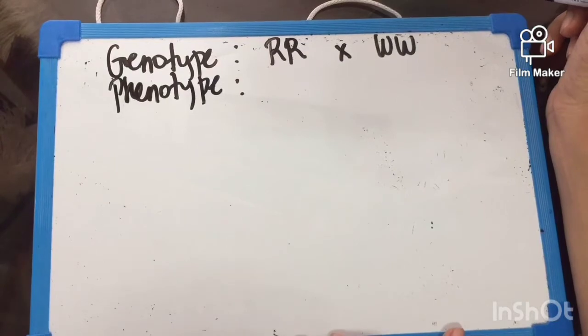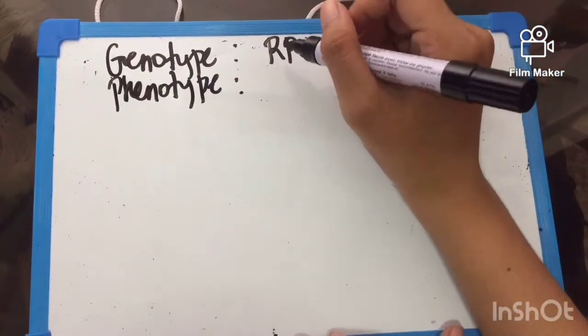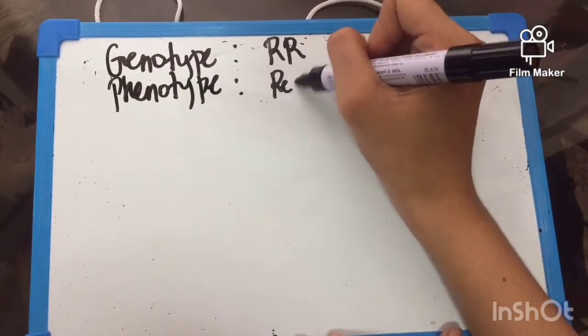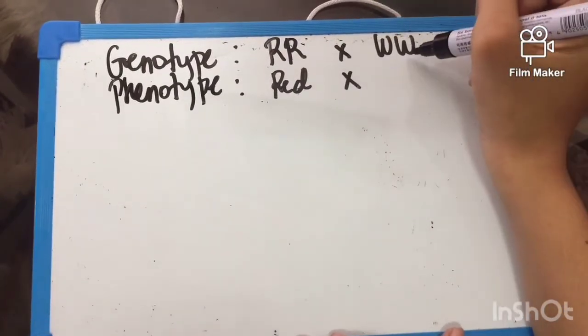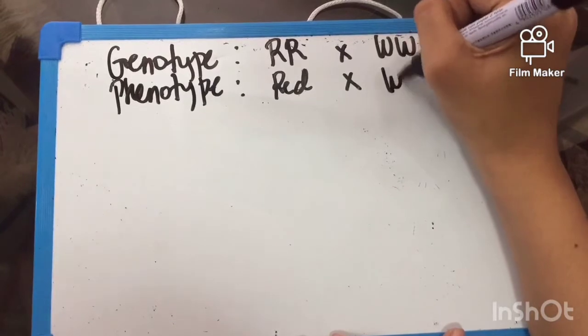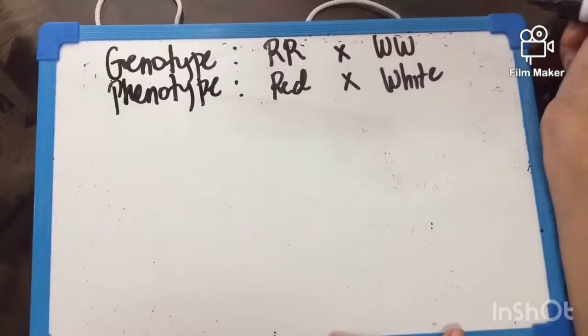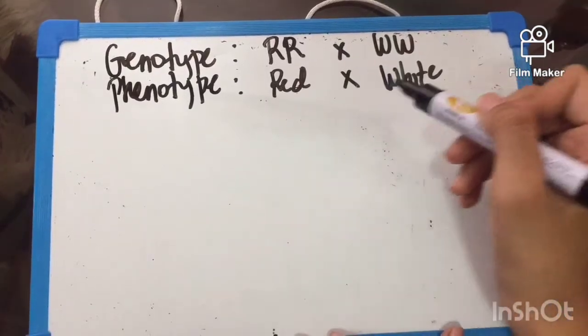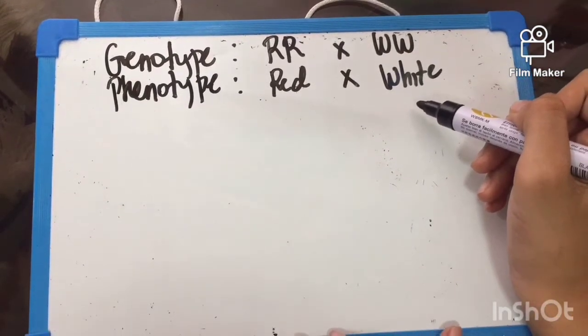Now for phenotype, the physical appearance of RR is red, crossed with WW, white. So that is the first problem: a red flower rose plant crossed with a white flower rose plant.